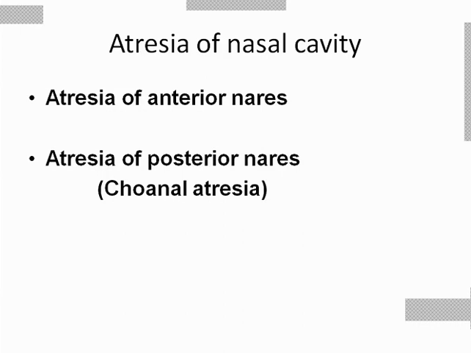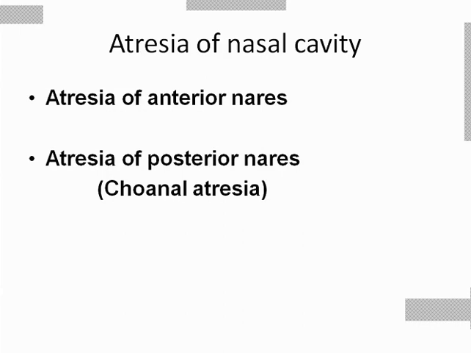If one side is atretic, the child survives. Otherwise, the child will have signs immediately after birth. The child cannot take breath through the nares because of the atresia. So the child will be cyanotic, with alternating cyanosis and crying. With the crying, they will take the breath through the oral cavity, and they will become normal again.